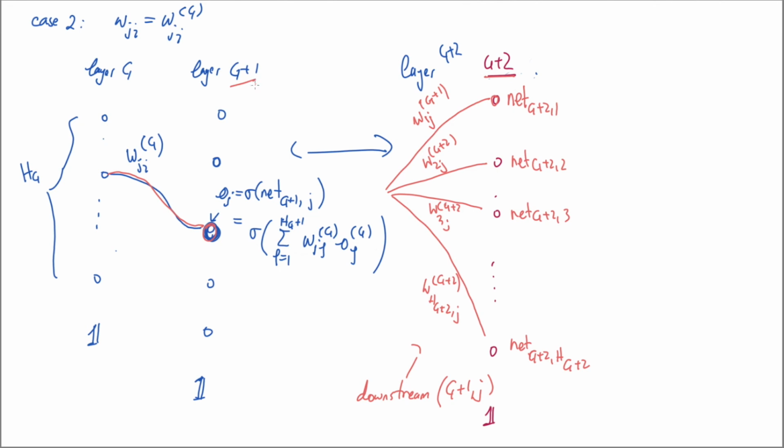Okay, so that's kind of the setup that I want you to keep in mind, and maybe just take a print screen of this and put it up because I need to use a new slide, and I want to compute the derivative with respect to this weight that's inside the network.